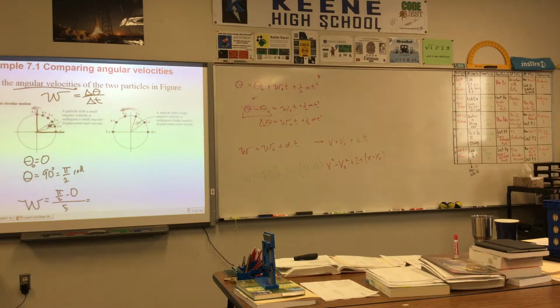It's pi over 2 divided by 5. I got 0.31. 180 is just fine. That's what I got.